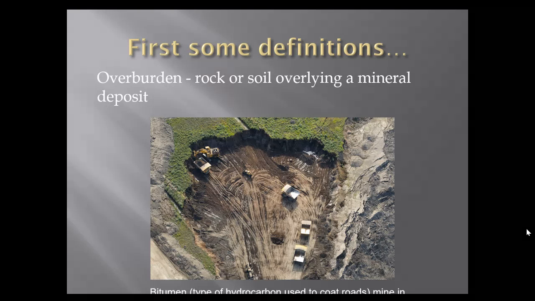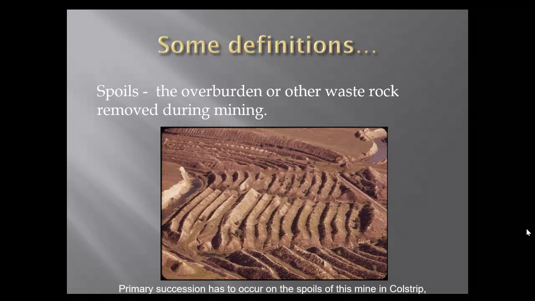So once you move that soil, you have to put it somewhere. And what we call that is the spoils. So the overburden has been removed, and once it's all this waste rock, that is called the spoils. And you can see these piles of spoils. So the overburden was removed and made into these long piles. And one thing you have to keep in mind is this is soil that was so deep.